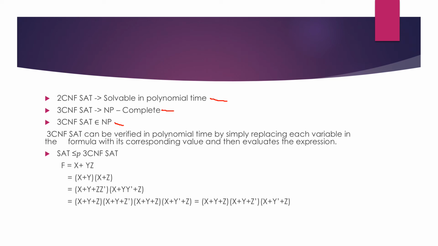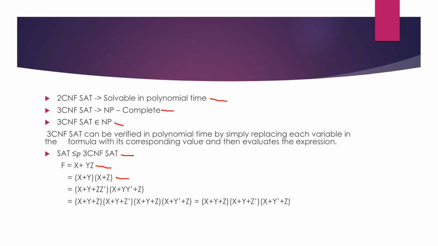So we can reduce SAT to 3CNF SAT in the following situation. We will consider a Boolean formula named f equal to x plus yz, where x, y, z are the three literals. We can convert this into 3CNF form in polynomial time. We will apply the OR operation here to get to the next step, where we will have the equation as (x plus y) and (x plus z).